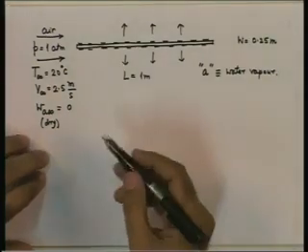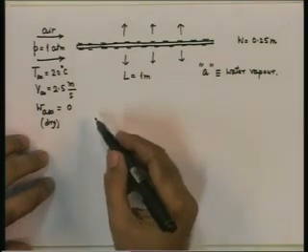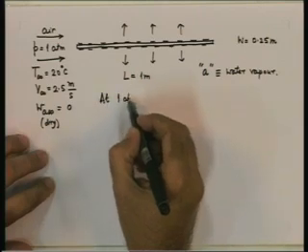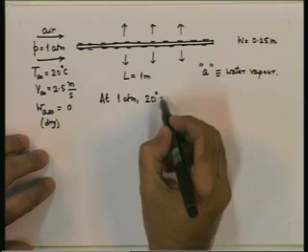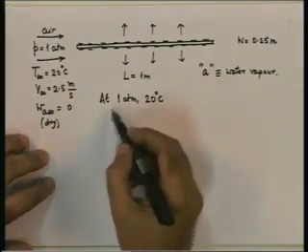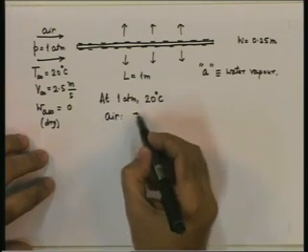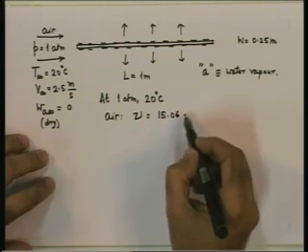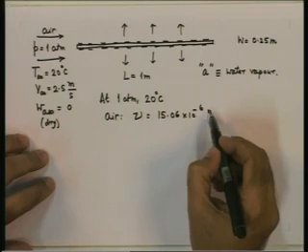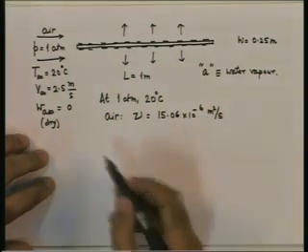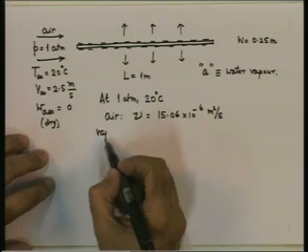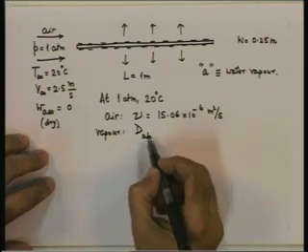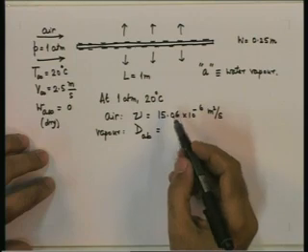We start by noting or reading off or obtaining properties. At 1 atmosphere and 20 degrees C, for air we will need the kinematic viscosity, which is 15.06 into 10 raised to minus 6 meters squared per second, and for water vapor we will need the diffusion coefficient, water vapor diffusing in air.